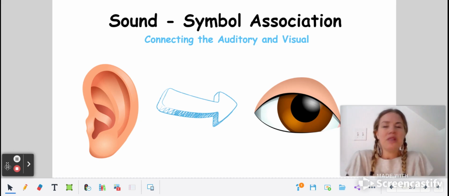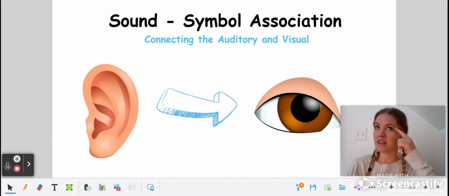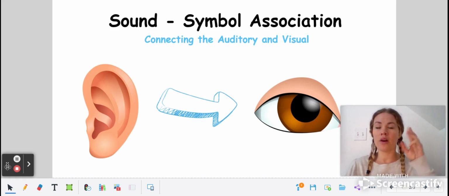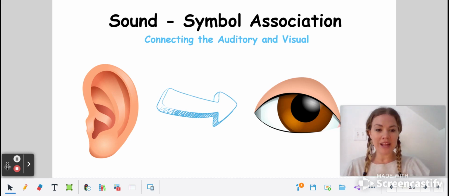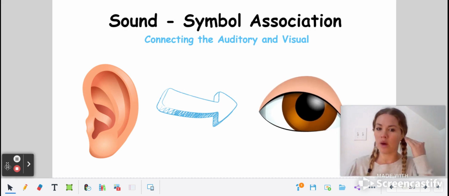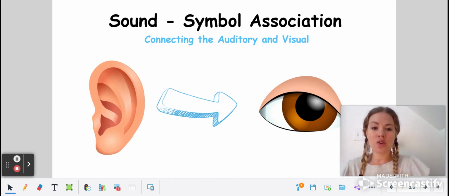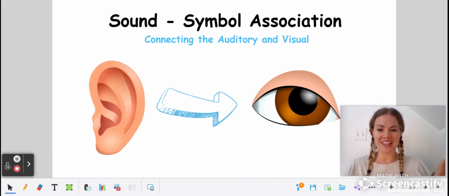When you're little and your teacher gave you a spelling test, she might have said, I'm going to give you the word rat, and you're listening to the word rat, and you're trying to think of those symbols that make those sounds. R-A-T. And then you write those symbols down, and you make it so that people can see what you're hearing. That's called writing. So going from auditory to visual is what we call writing.